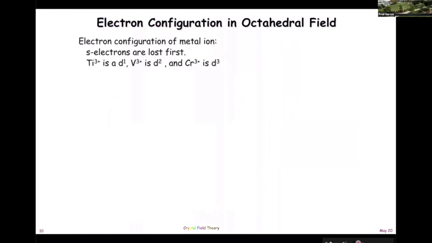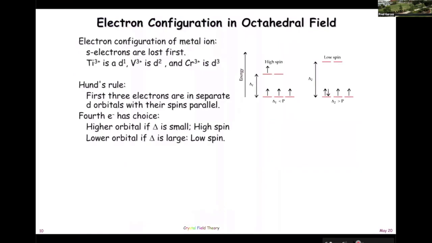So when you have d1, you put an electron there. When you have d2, you put an electron there. The electrons are going to the low state. That's why we call it low spin. The electrons are going to the lower orbital. We say it's low spin. d3, we put one there.